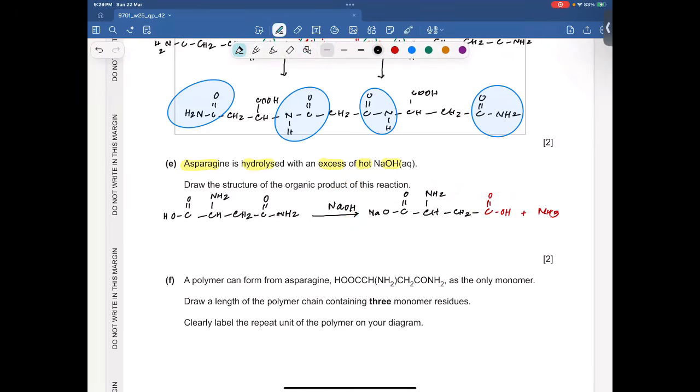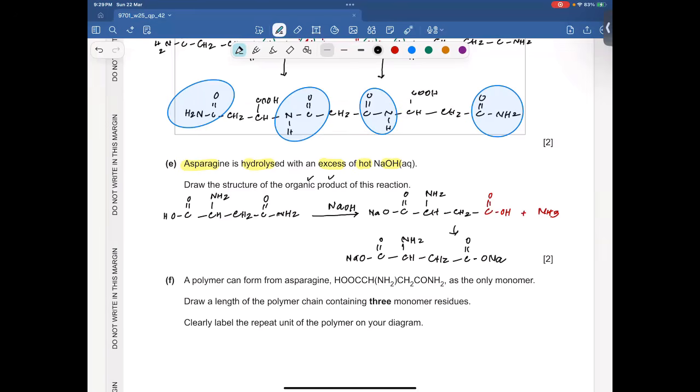So the final product is basically salt. So this is CO, ONa, CH, NH2, this CH2, and this CO, ONa. Okay. So the examiner is looking for the organic products only.